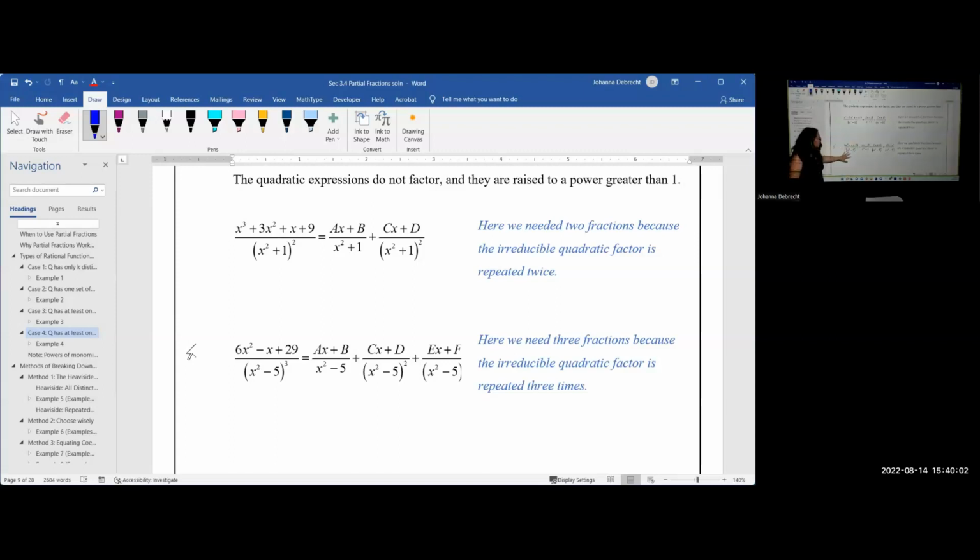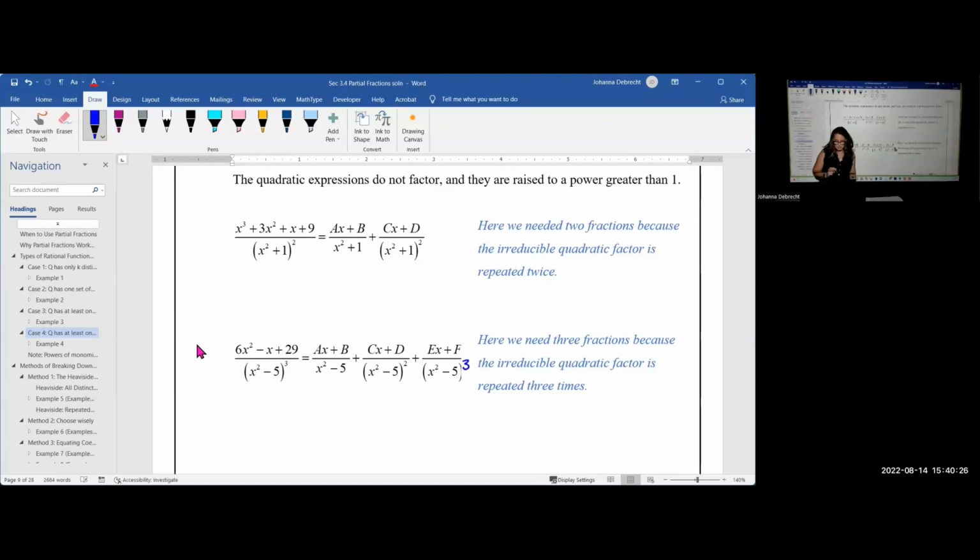What about this one right here? We have the irreducible quadratic factor x squared minus 5 present 3 times in the denominator. So we need a denominator of x squared minus 5 to the first power, x squared minus 5 to the second, and x squared minus 5, ooh, I have a typo, or it's just missing, to the third.